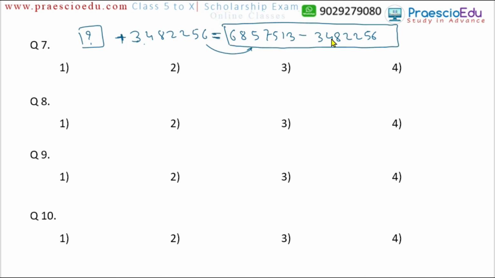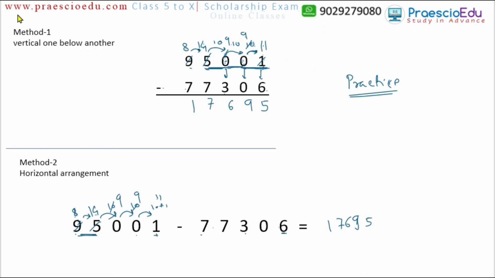Okay, so after this subtraction we will get the answer, which number can be replaced at the question mark, or we can say the box. So please do this one. Option number 3 comes, which is 33,75,257.